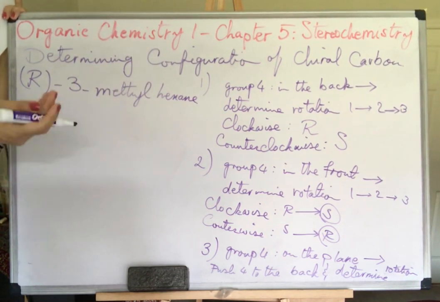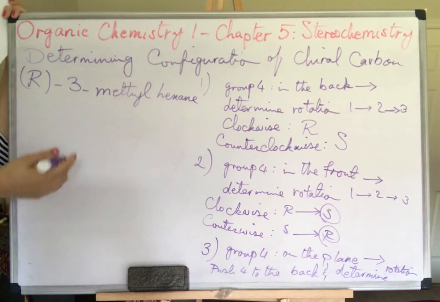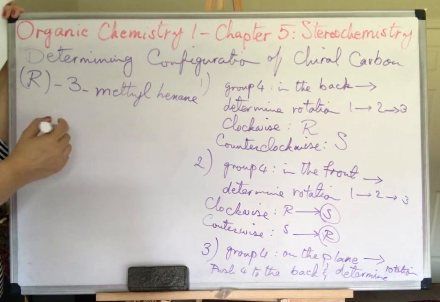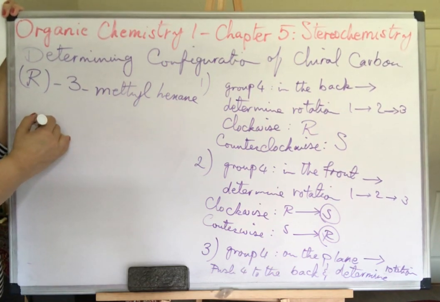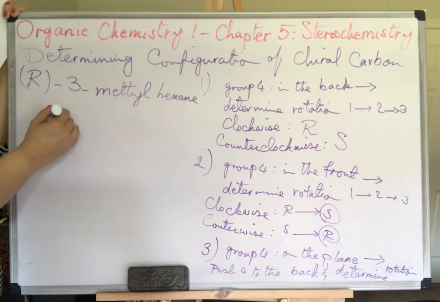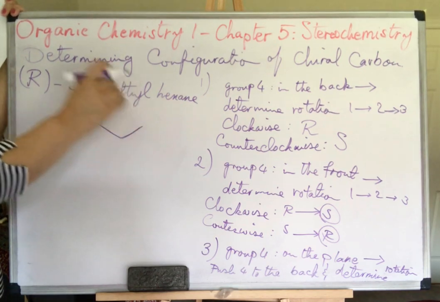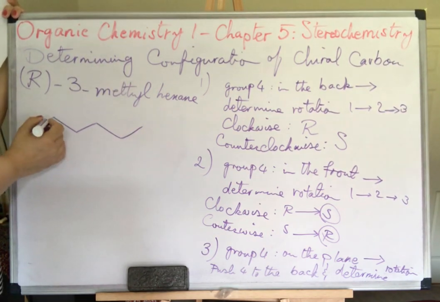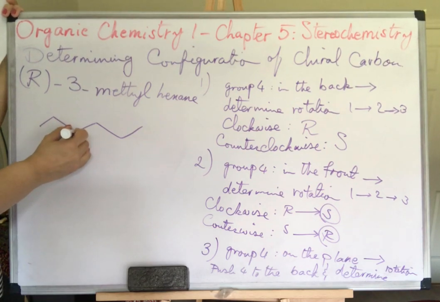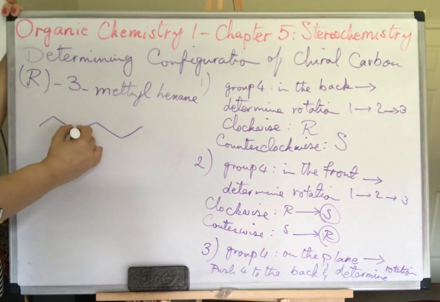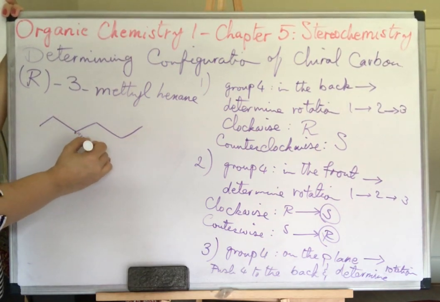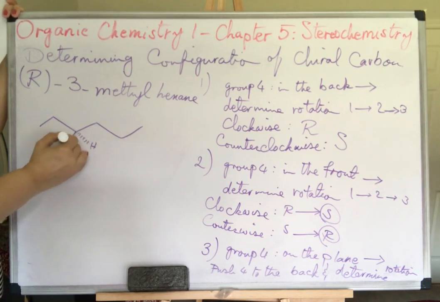You can go with either a line bond structure or a skeletal structure. Let me put the skeletal structure. 1, 2, 3, 4, 5, and 6. That's the hexane, right? And there is a methyl group on the third one. It's always easier to put hydrogen in the back and put methyl in the front.